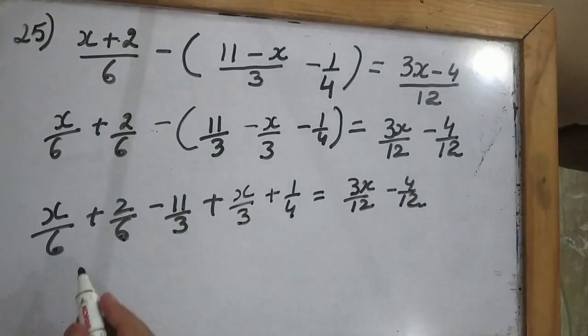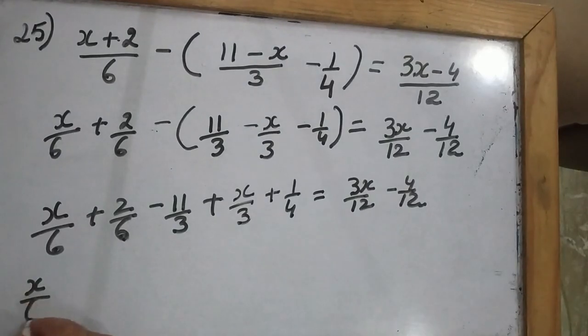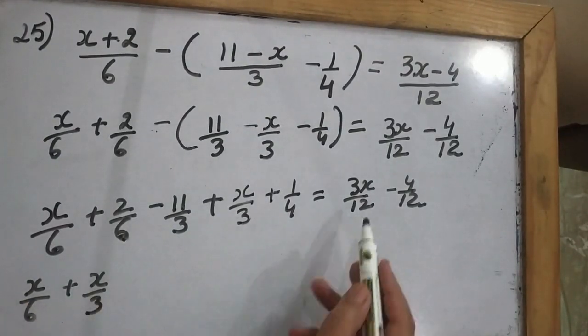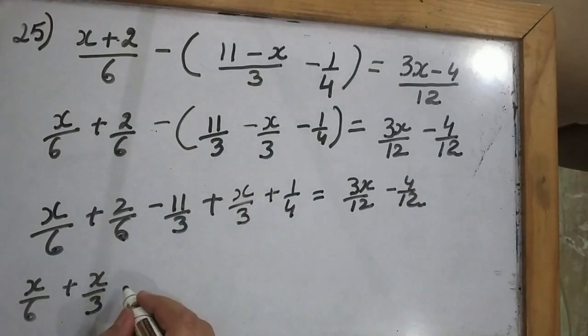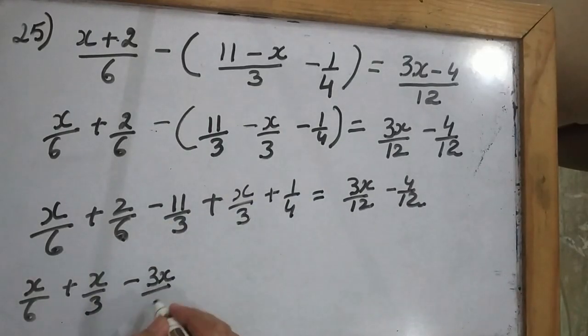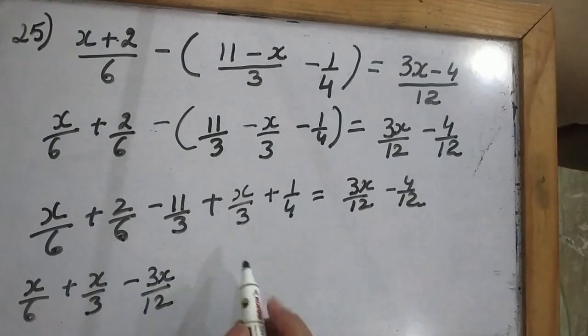Now x terms on one side, x upon 6, this is x term, plus x upon 3, this is x term. When I bring to this side, it will become minus 3x upon 12. So no other x term.